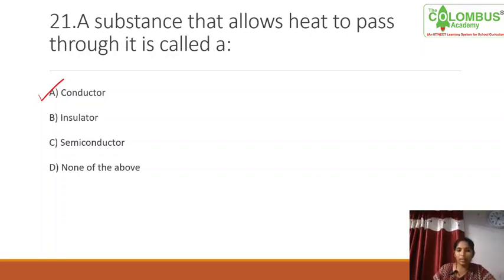A substance which will not allow heat to pass through it is called an insulator. Semiconductor allows the heat but in a slow manner. It's not a good conductor. It allows and it will resist.